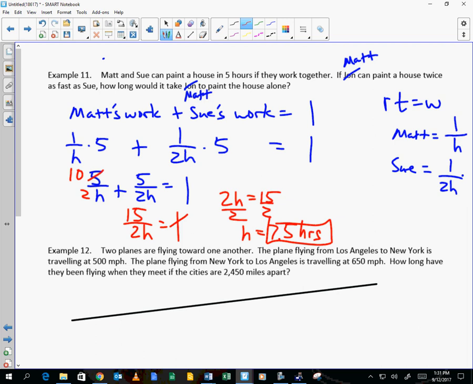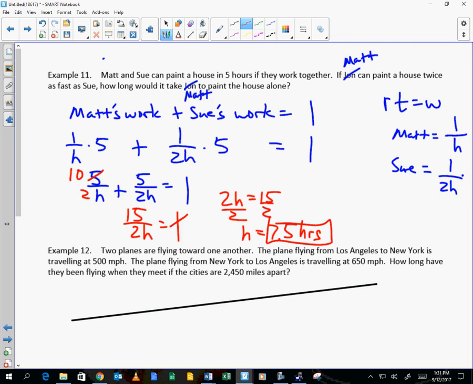What's maybe confusing about it is that we came up with time for an answer, and yet time was in the problem.